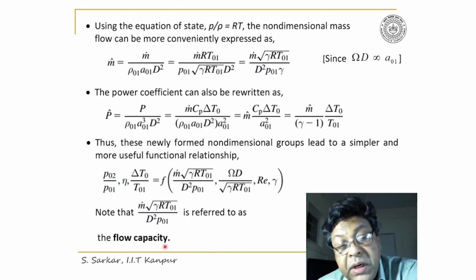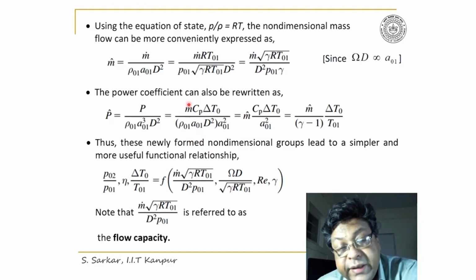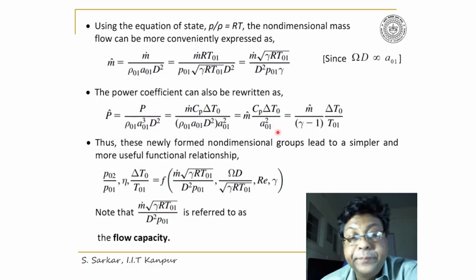Now I can club this into two groups. So in the denominator I can write rho 01 A01 d square into A01 square. Now you can understand this includes m dot, and this bracketed quantity is nothing but m tilde. So this will become m tilde into Cp delta T0 by A01 square.